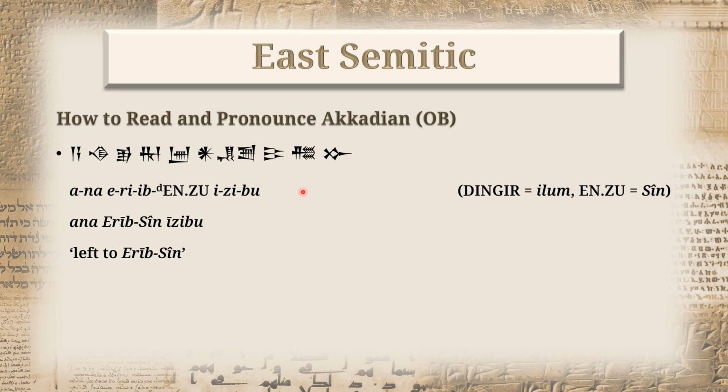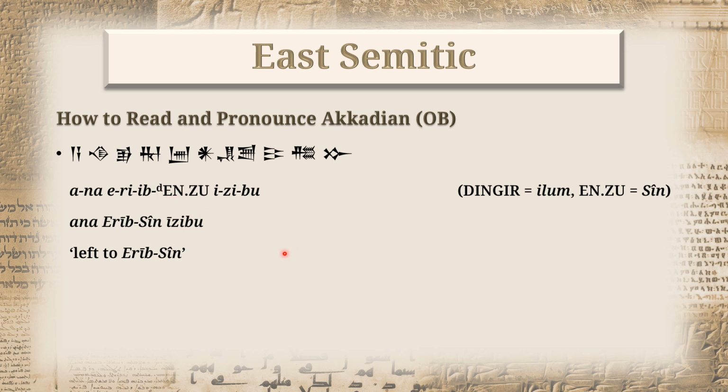And now at the very end, now the sentence is going to be finished, we have the verb idzibu. Idzib means he left. And the u at the end is just because it's a subordinate clause, because it's a relative clause. So it just means Erib Tzin, he left.